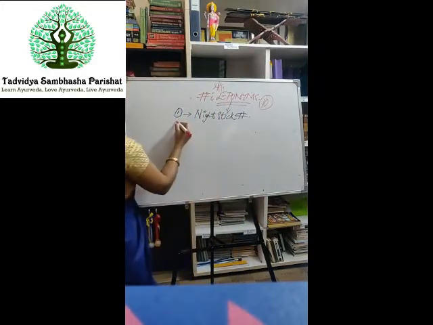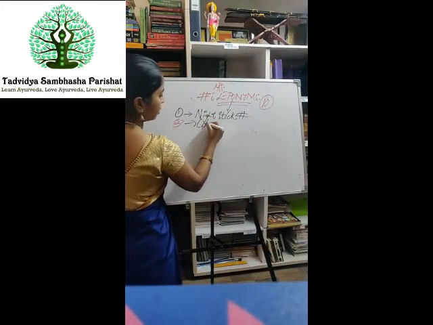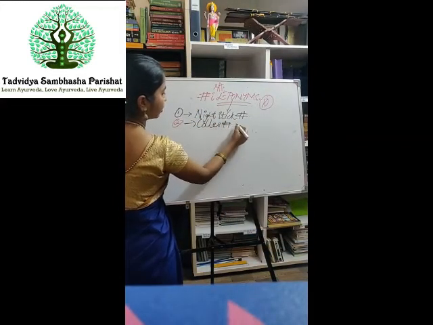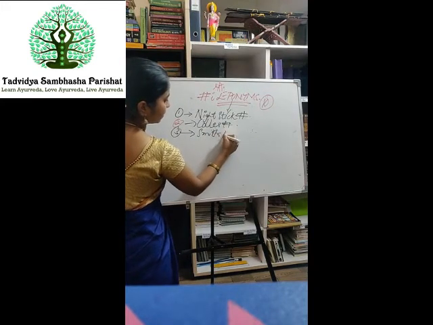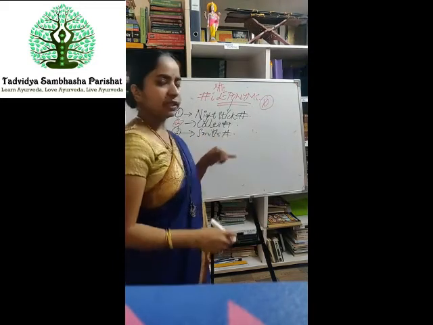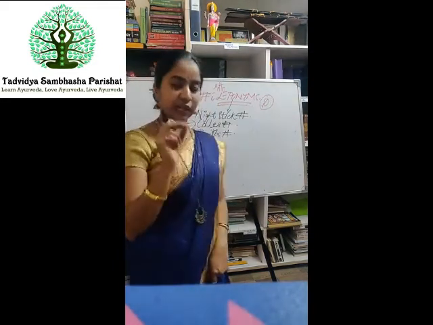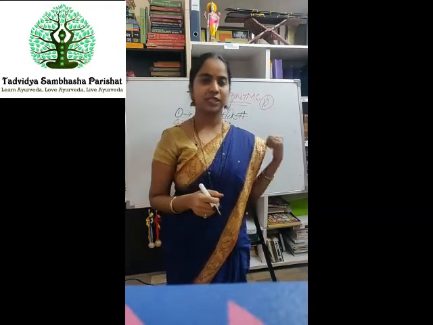The second one is Cole's fracture. The third one is Smith's fracture. Usually they go hand in hand. What we learned in the last class, that the corticocancellous junction is usually more prone to fractures, is what we see here.